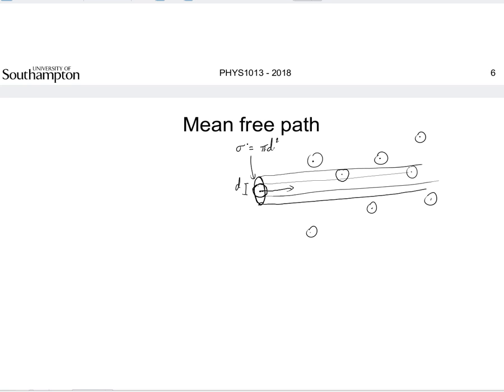If you go into particle physics, you're going to talk about cross sections all the time. Cross section is a way to quantify how likely it is that there's going to be a collision between two particles. And in particle physics, pretty much that's the only thing you care about: colliding particles. I'm not saying this in a negative way.